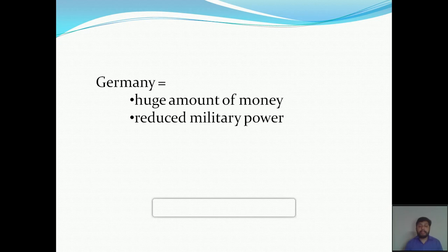The Army could maintain 1 lakh soldiers, the Navy was limited to 15,000 men and 14 ships, and the Air Force was fully dissolved or banned. Such a strict action was taken by the victorious countries by implementing the Treaty of Versailles.